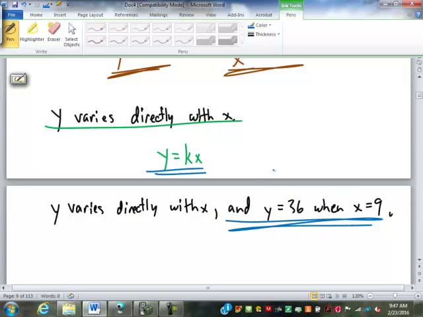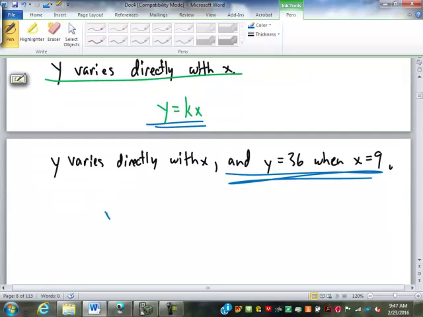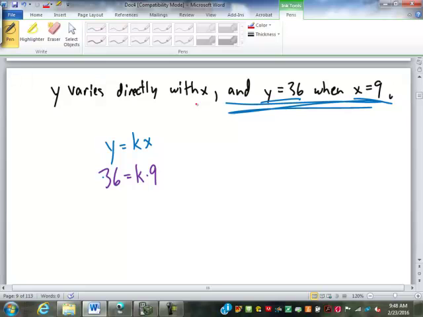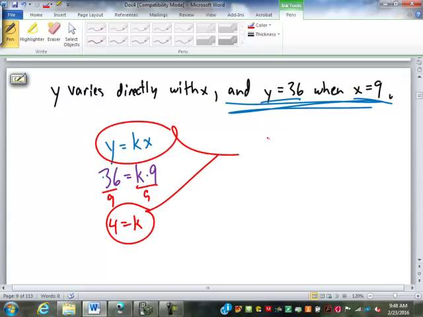Well, it tells us we can take this relationship y equals kx, and we can put in this single condition that y is 36 when x is 9. And now we can solve for k. So if we divide by 9, we get 4 equals k. So what that's telling us is the relationship here is y equals a constant times x, but now we know the constant. The relationship is now y equals 4 times x.